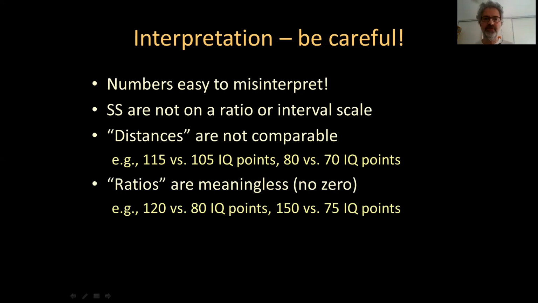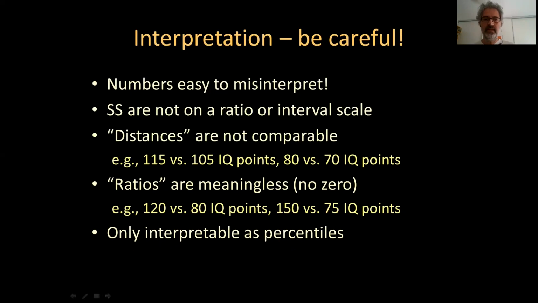And much more obviously, ratios are completely meaningless because there is no zero on this scale. So there is no sense in which you can say that an IQ of 120 is 50% higher than an IQ of 80, or that an IQ of 150 is 100% higher than an IQ of 75, or double that, or anything of that sort. These are completely nonsense statements.